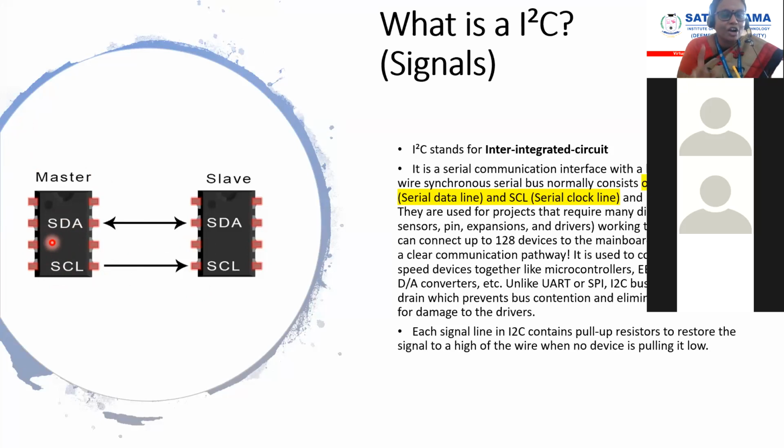Only these two lines are there, and it is a bidirectional communication, which means full duplex. RS-232 is also full duplex, RS-485 is half duplex, CAN is also full duplex, and I2C is also full duplex, meaning bidirectional communication. We have two lines here, serial data line and serial clock line.